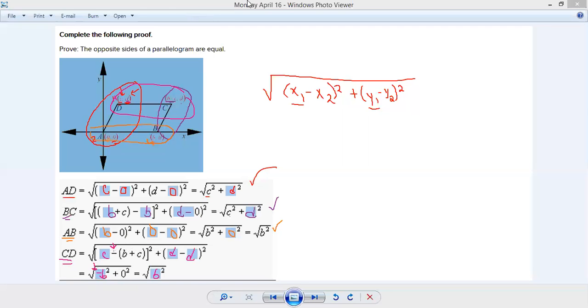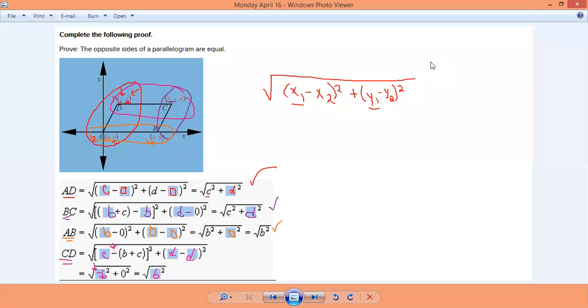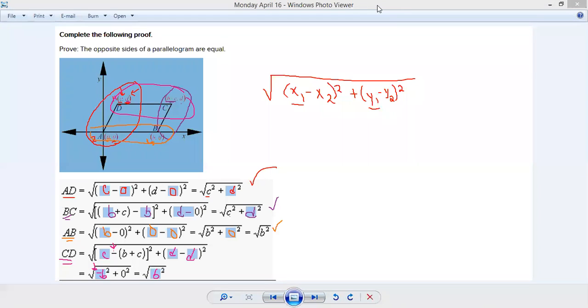So let's check to see if we want to put the negative in there. All right, so I just wanted to check to make sure that we were doing the right one. So it looks like we do need to just go ahead and keep it positive, because it's going to end up being positive anyway. So you don't need to put negative here, and your final answer will be B squared, and that's how you do that. So there you go.